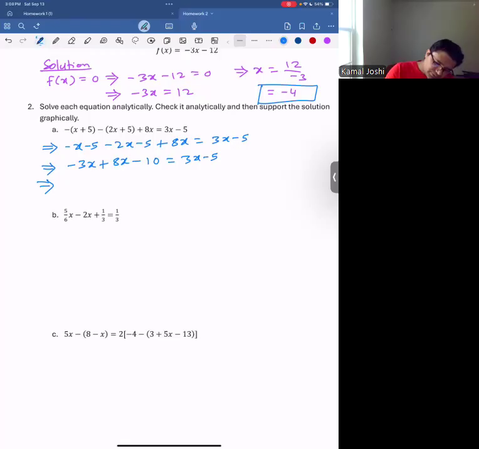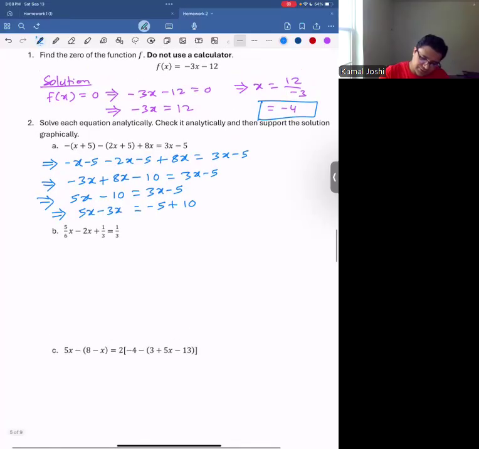Minus 3x plus 8x will be plus 5x, and minus 10 equals 3x minus 5. And that gives you 5x minus 3x equals minus 5 plus 10. I brought the x to the left and I took the minus 10, which is a constant, to the right.